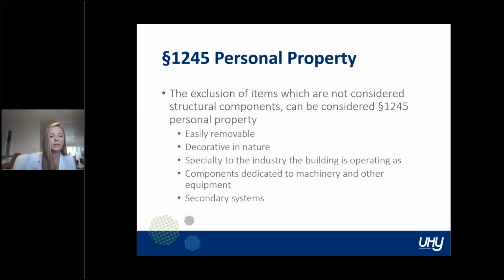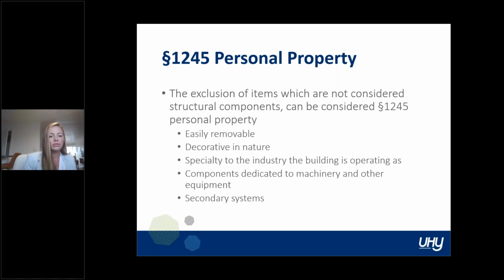Those are all considered to be easily removable. If it's decorative in nature, that would be like certain wall coverings, certain millwork items, specialty lighting fixtures. If the asset is specialty to the industry it's operating as, like the example I gave as the floor drains, those floor drains are specifically there for the kitchen, so it's specialty to the building operating as a restaurant.